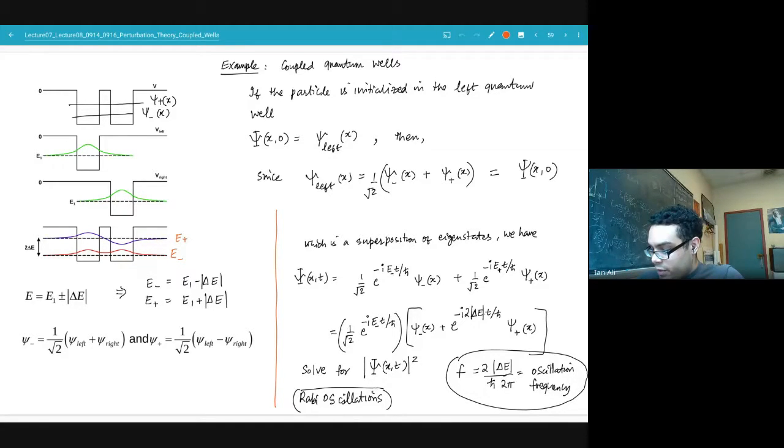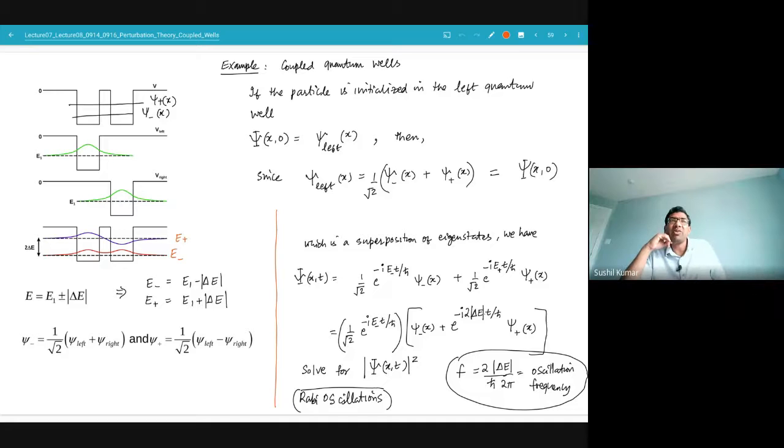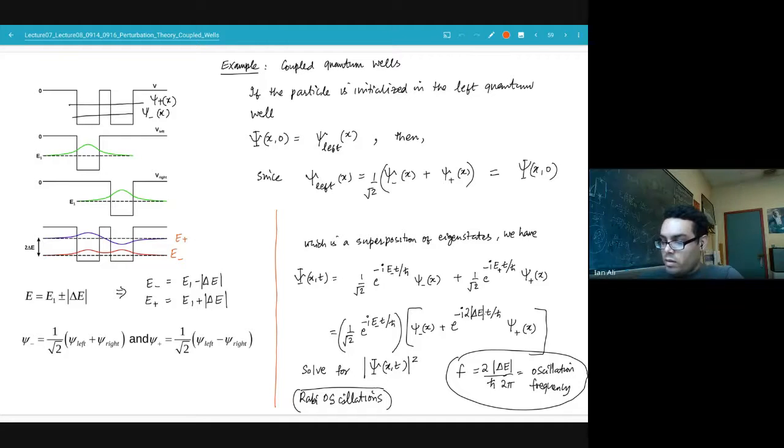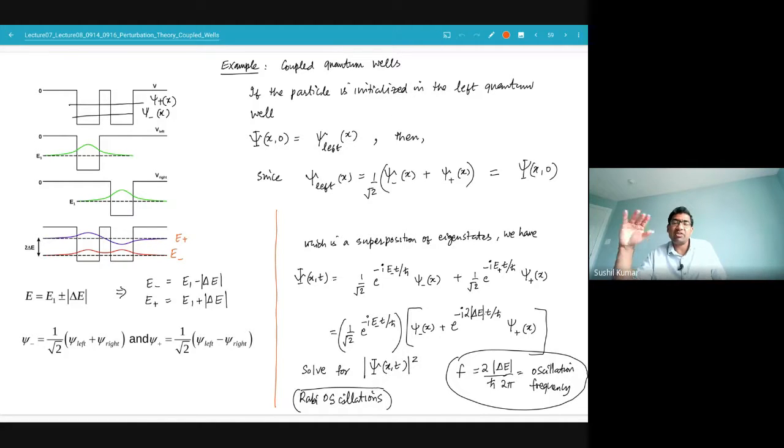Stationary states do not evolve in time. They are just solutions of the problem. What does evolve with time is the particle's wave function, and that depends on the initial conditions or the boundary condition, you can say.